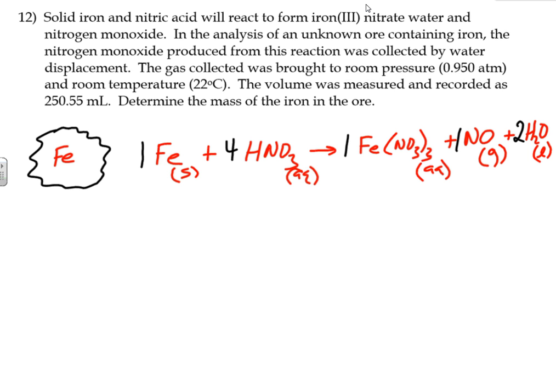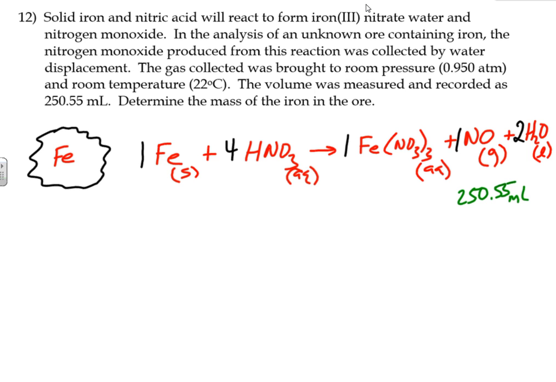And now what I want to do is analyze that gas that was collected to try and figure out the moles. So we know about the volume of this that was collected. So we have 250.55 milliliters of gas collected.